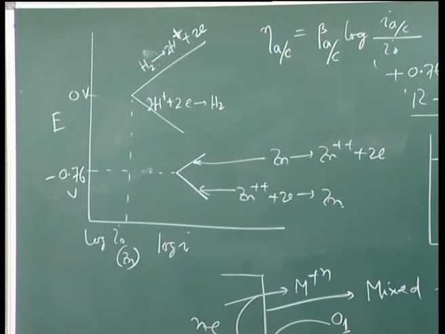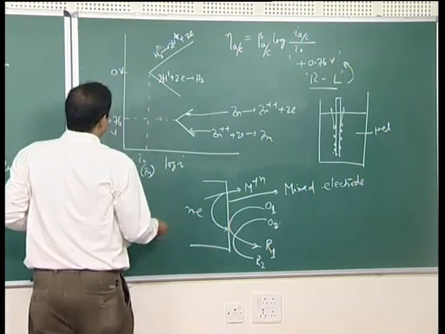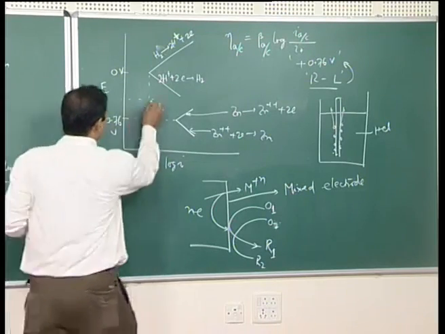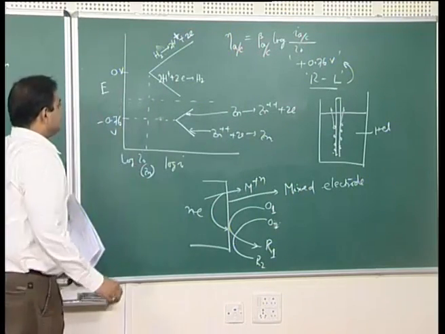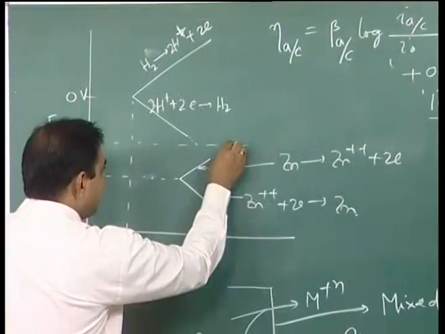Now, we have to see the equilibrium point where the potential will reach the same value for both anodic and cathodic reactions. Where can it reach that equilibrium value? It would be in between some potential. Let us say I am drawing this line.